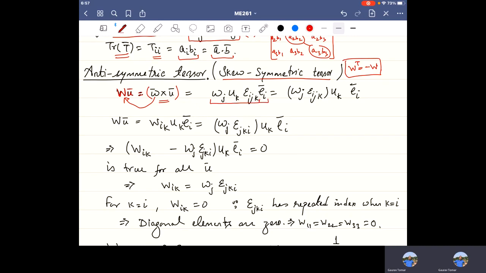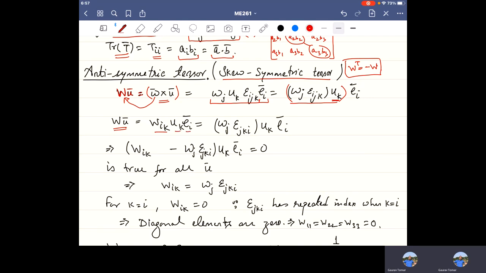Now we can put wj and epsilon ijk together. We're just rewriting the same quantity in this form, because we want to pull out Uk separately. So if you look at WU now, we see that you can write the left hand side as Wik Uk Ei.